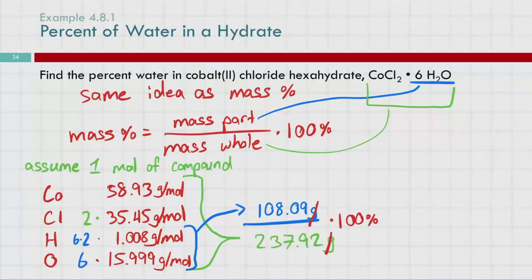So our grams on top cancel with our grams on the bottom. Numbers into calculator. We get 45.4, probably 45.43%.